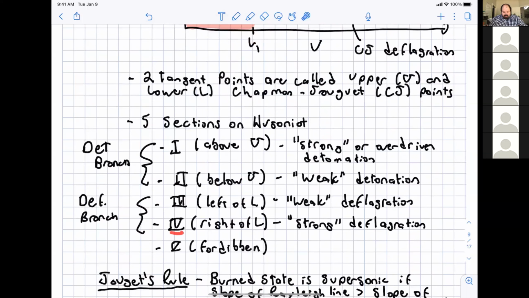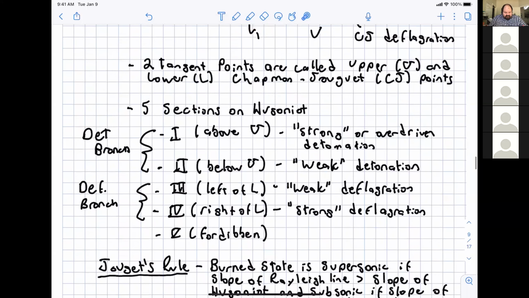And we have region 4, which is to the right of it. This is called a strong deflagration. Okay, and so there are different properties of them. And also there is region 5, which is forbidden, as I said before. And all of these different regions have different characteristics of the combustion wave.